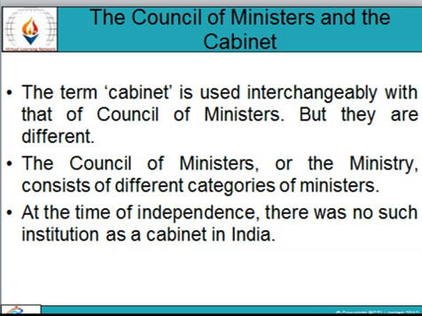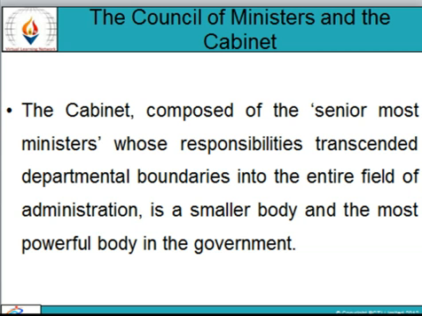At the time of independence, there was no such institution as a cabinet in India. The cabinet, composed of the senior-most ministers whose responsibility transcended departmental boundaries into the entire field of administration, is a smaller body and the most powerful body in the government.